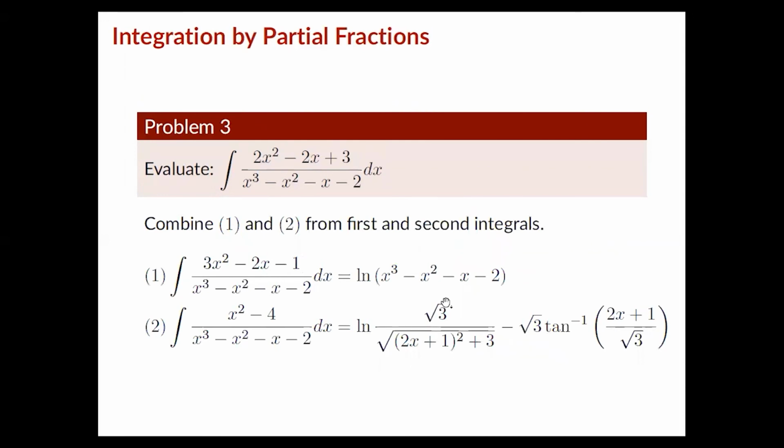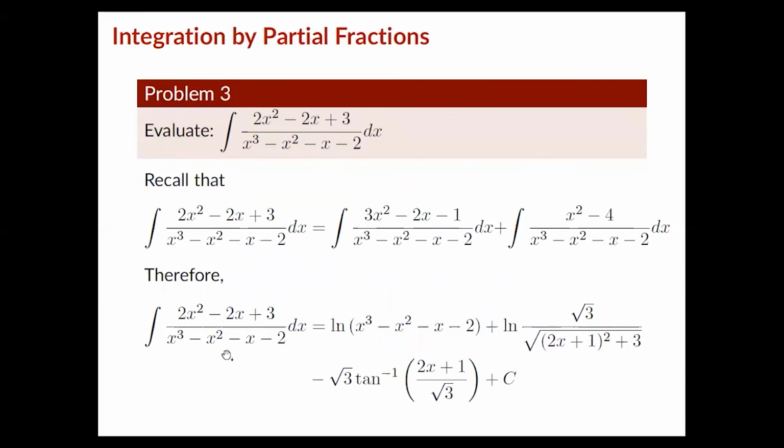Ngayon, pagsasamahin natin yung dalawang nakuha nating integrals from our first and second integrals. So we have this natural logarithm of x cubed minus x squared minus x minus 2 from our first integral. And from our second integral, we get the natural logarithm of square root of 3 over the square root of 2x plus 1 squared plus 3 minus square root of 3 inverse tangent of 2x plus 1 over square root of 3. And by doing so, i-recall natin na ang ating original expression ay dinicompose natin into sum of two integrals.